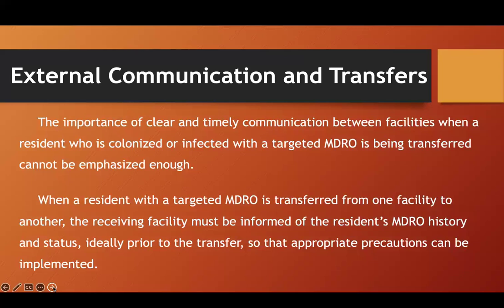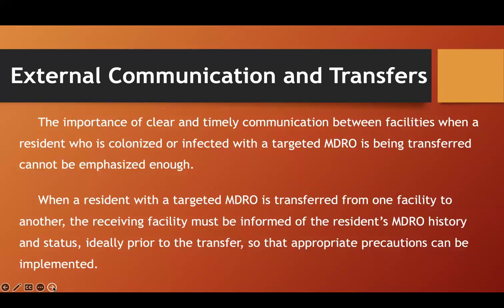And vice versa, this is the information that you should be receiving from the hospital if you're taking a patient from the hospital or any other type of transfer. But these are questions many times that you need to ask or have your liaisons ask so that you are prepared, because it can turn into a disaster when someone arrives in your building and you had no idea that they have VRE and you have them scheduled to go in room 111 and A bed and B bed does not have VRE.